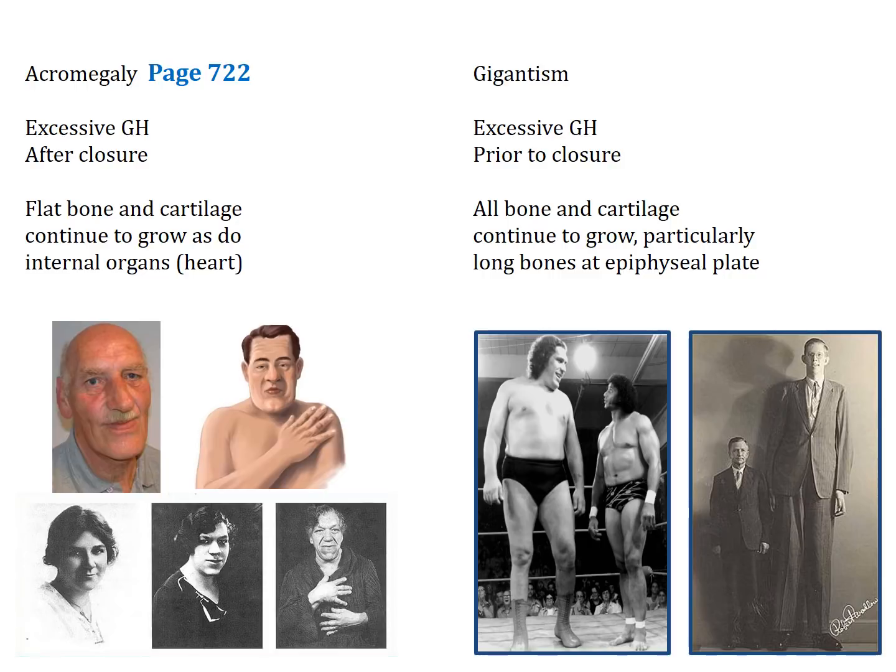All this growth hormone being secreted in their body due to the adenoma, the tumor secreting growth hormone, they don't grow in stature, but cartilage of the hands, cartilage of the face, bones of the skull, will all continue to grow. And from a facial standpoint, they get a very, very characteristic facial appearance.